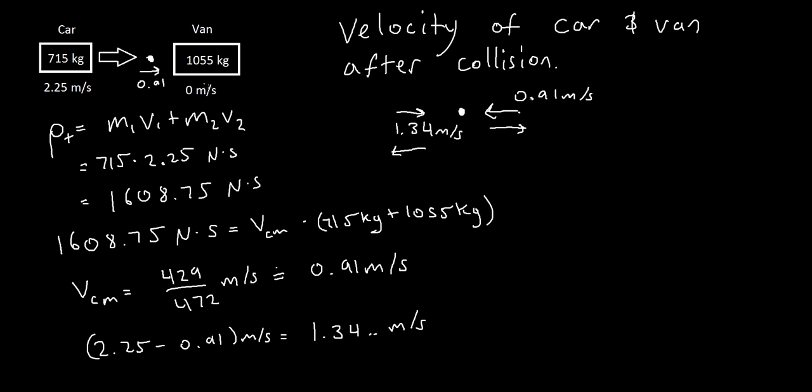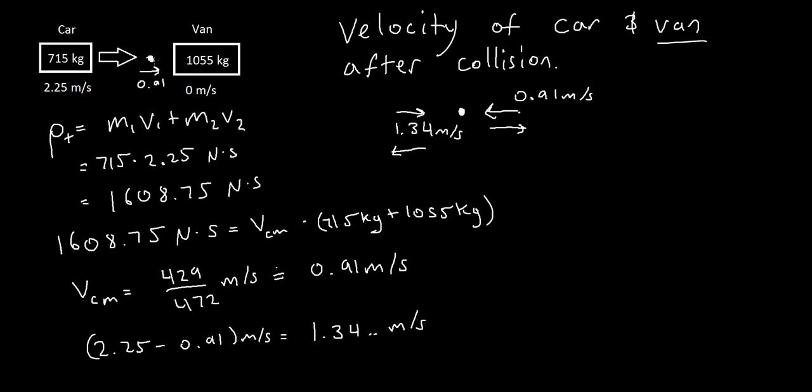So, what is the velocity of the van going to be? Well, the van is staying still while the center of mass is approaching it at 0.91 meters per second. And so, after it collides, it will have to be receding from the center of mass at 0.91 meters per second.